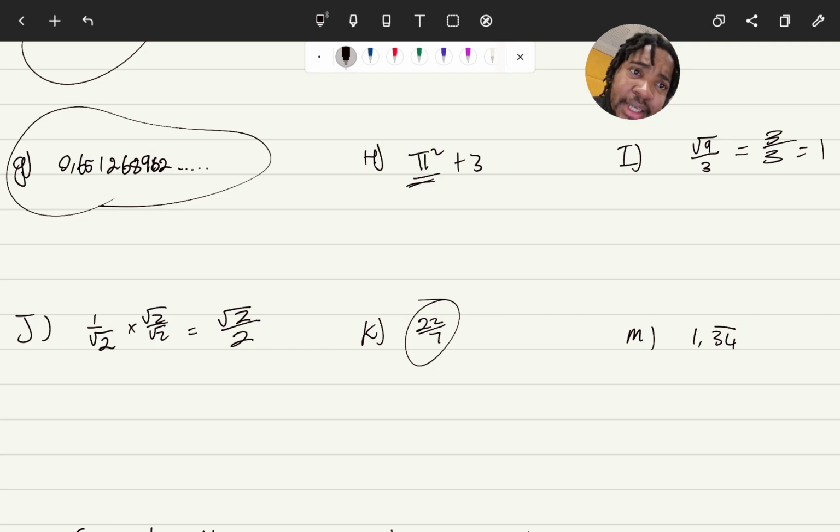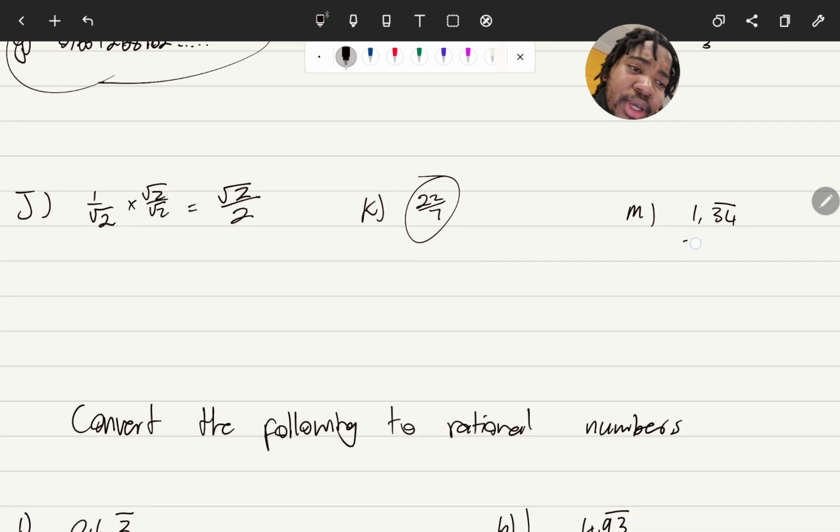Now this one: the number here repeats itself, and because of this pattern of repeated numbers, it can be converted into a rational number, so it's a real number. I'm pretty sure by now we are able to tell the difference between real and non-real, as well as rational and irrational numbers.